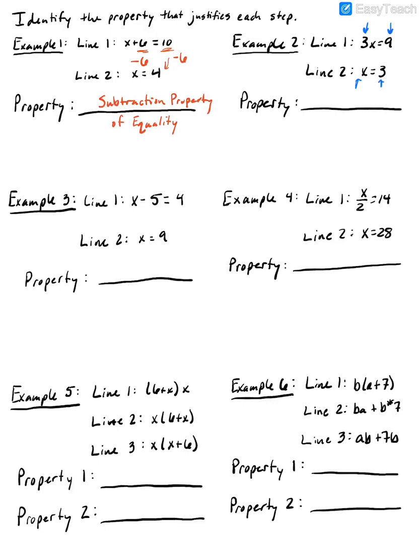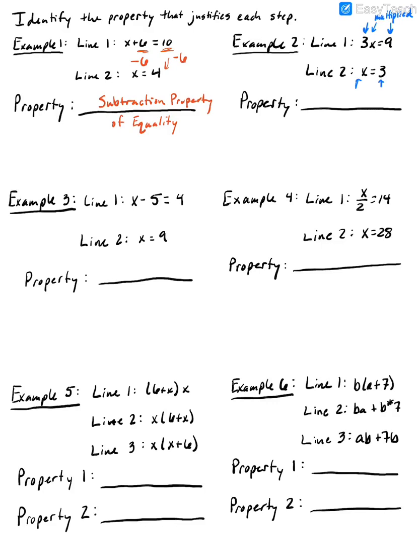Looking at what's going on first, I see that 3 is being multiplied to the x, and 9 is now 3.